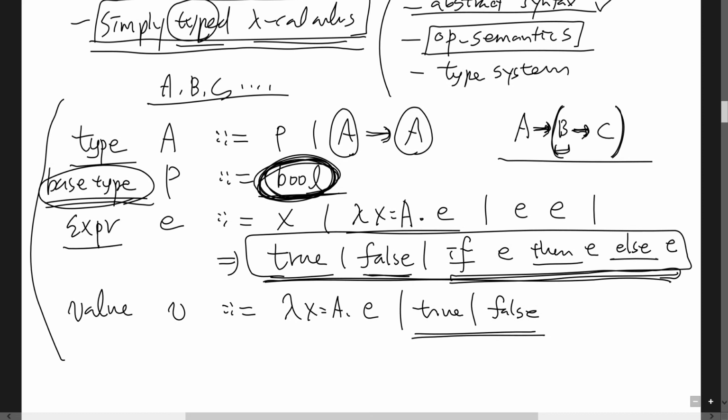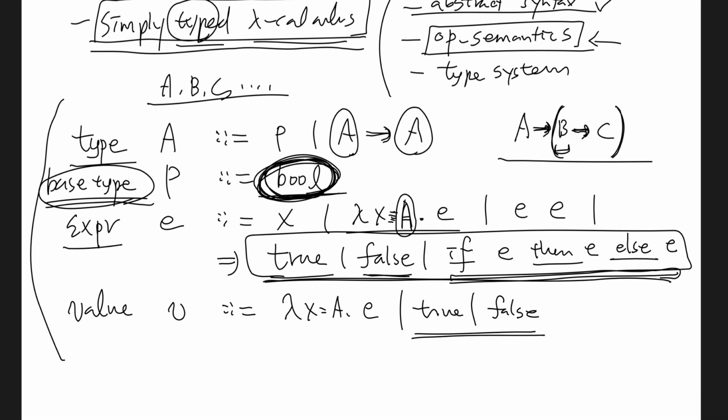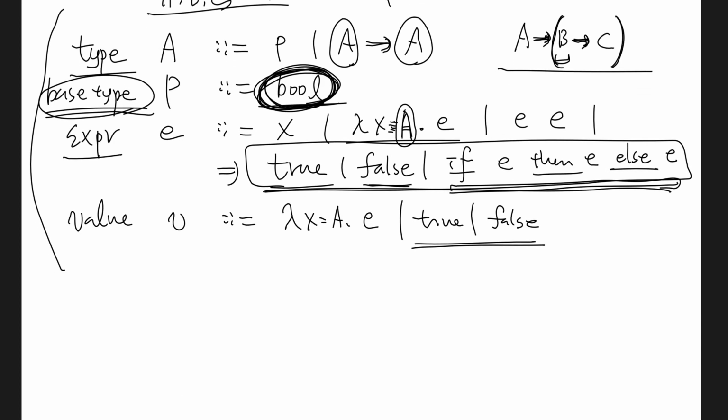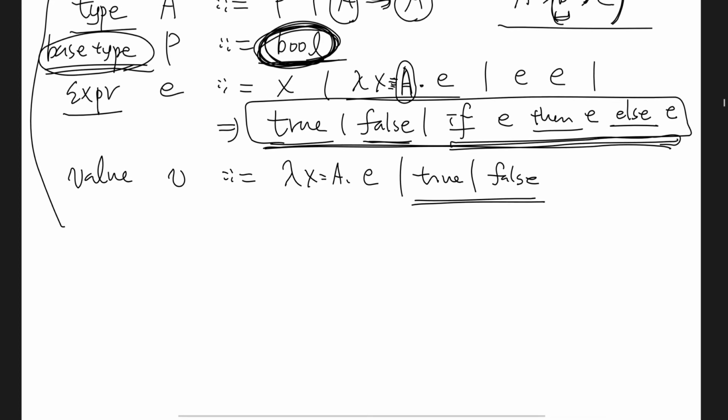And also, this type does not interfere with this reduction at all. So the change in operational semantics will be very simple and almost nominal. So let's develop the operational semantics for this language.